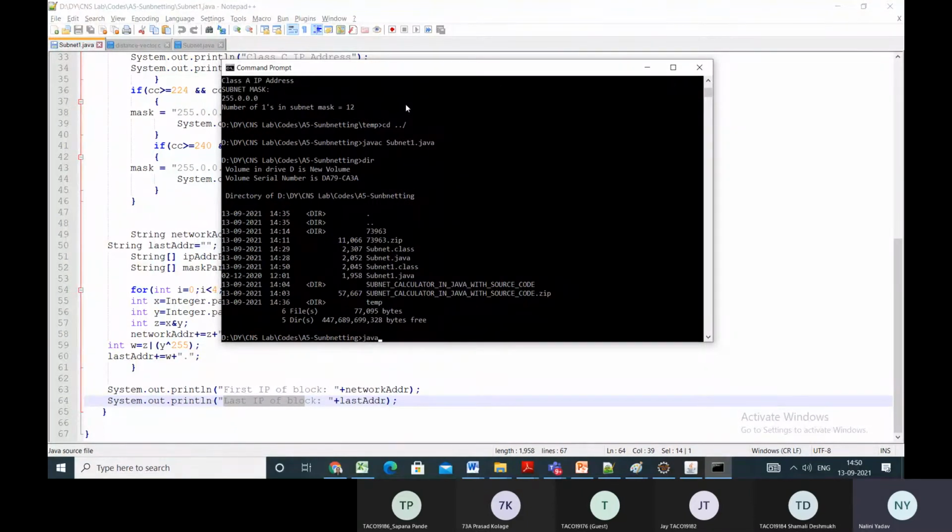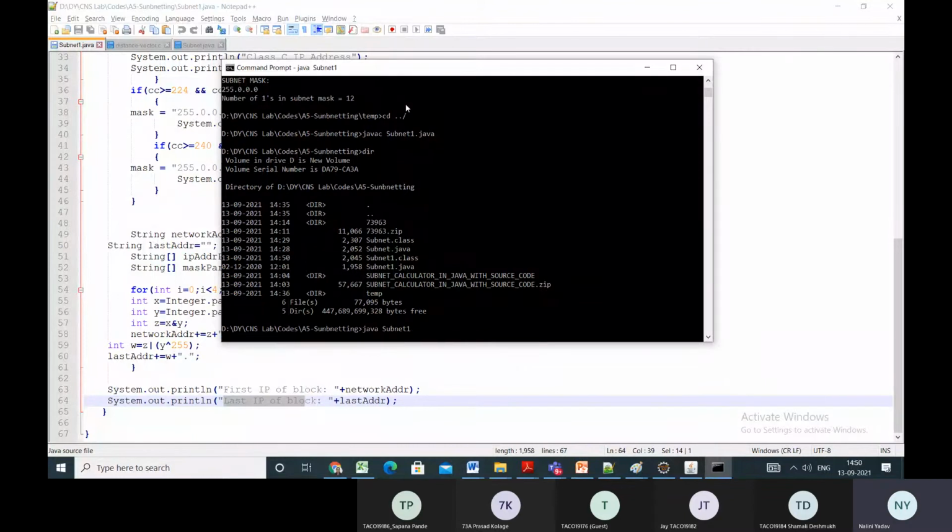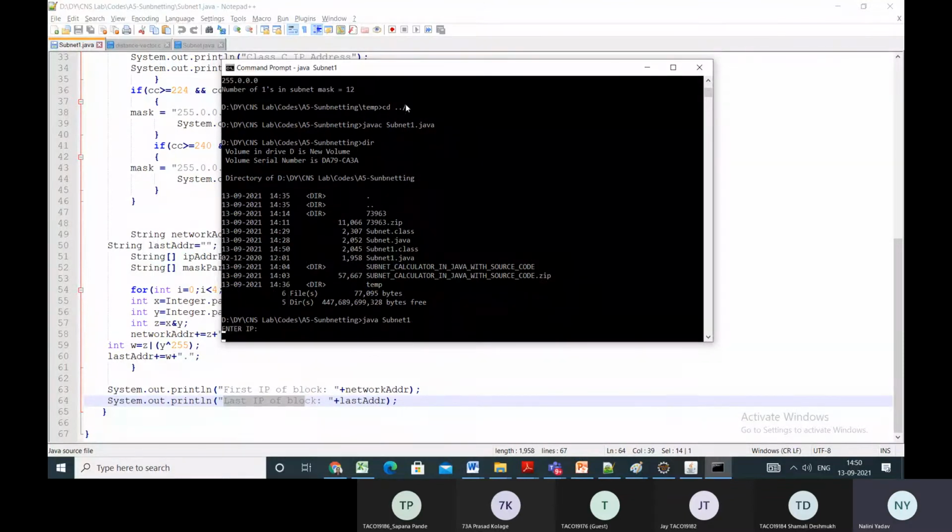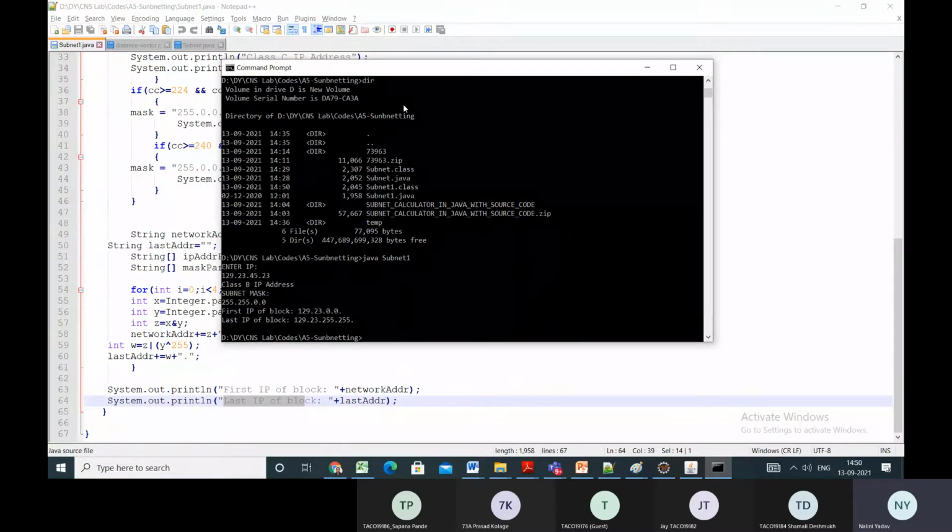The .class file will be executed with java and then the name of the class, right? So java subnet1. Enter the IP address. So let me enter the IP address as 129.23.45.23, correct? From here you can see that this particular IP address belongs to class B. You can see it is printed over here, the class B IP address.